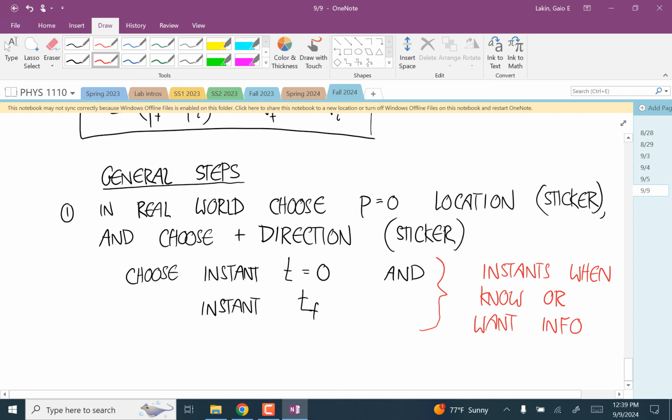Like if you're timing a 100-meter dash, you wouldn't turn it on when the race starts and then turn it off at a random time an hour after the race ends. That's because you're not interested in information an hour after the race ends. You want to see what happens at this significant instant when the race ends.